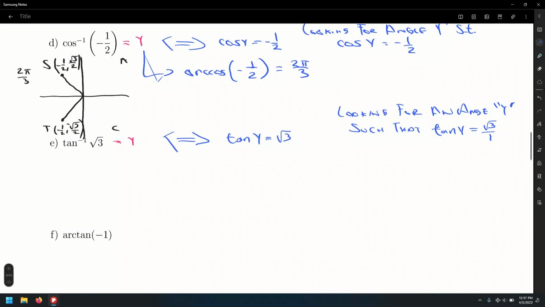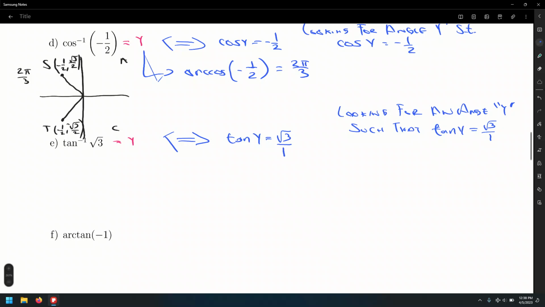How about the trick for this, root of 3 over 1? I believe I did this trick before, and you might want to use this trick as well. Do we agree that root of 3 is the same as root of 3 over 1?